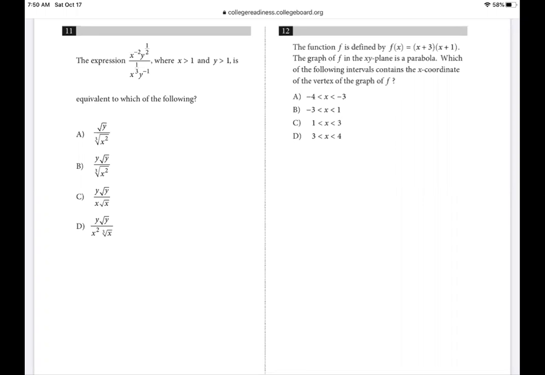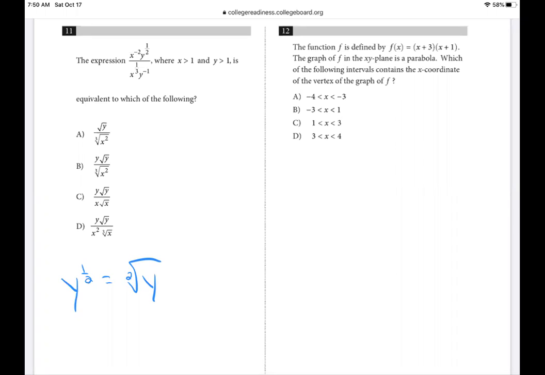In other words, the y in the numerator to the power of 1/2 is the same as the square root of y. You could do the same thing with the x in the denominator if necessary.